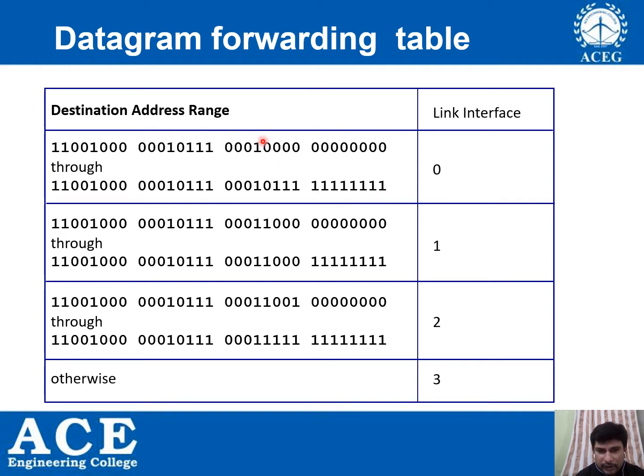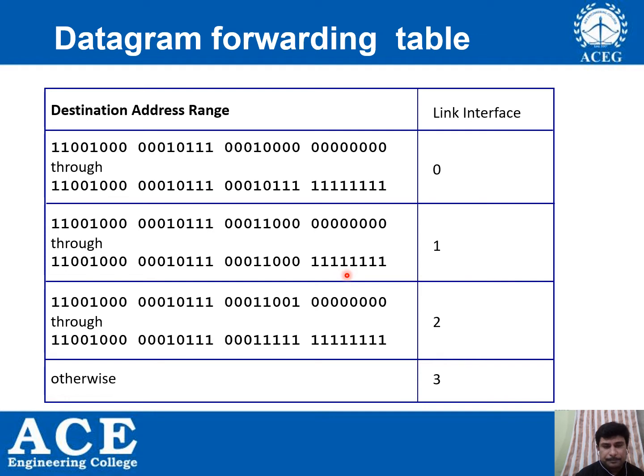So the first of these 12 variable bits is still 0. The next range starts from where this bit is 1 and the remaining 11 bits are zeros, up to 1000 with the last 8 bits being ones. This is my address range 2. For the first address range I am using link interface 0, and for the second address range I am using link interface 1.